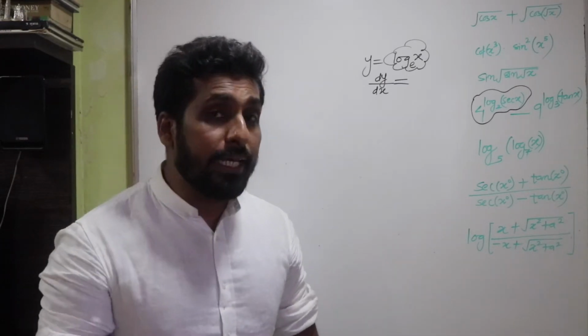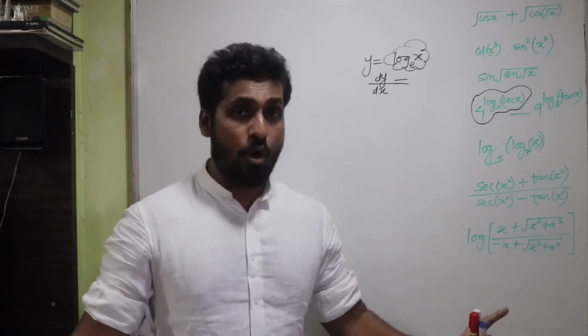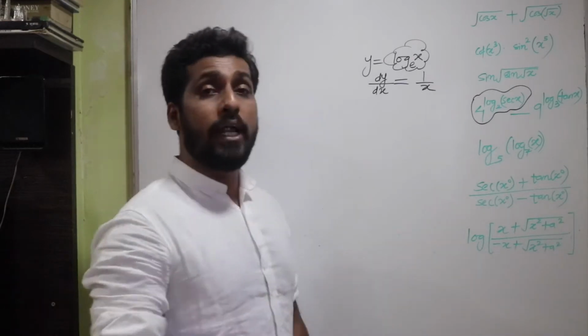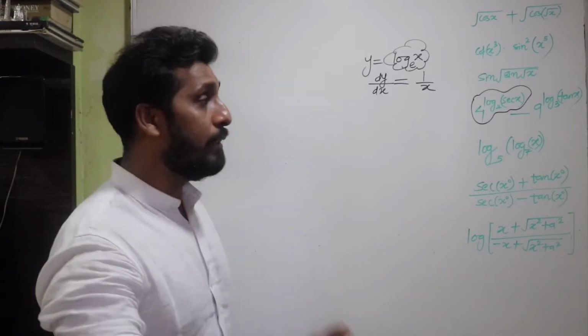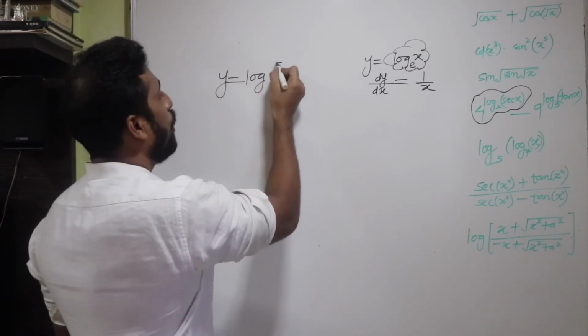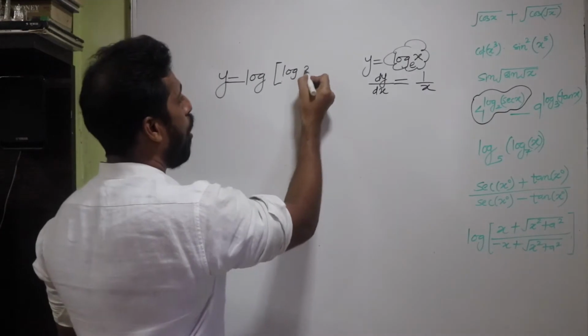If the base of the log is not e, the derivative is not 1 upon x. So derivative of log x is 1 upon x only and only when the base is taken as e.